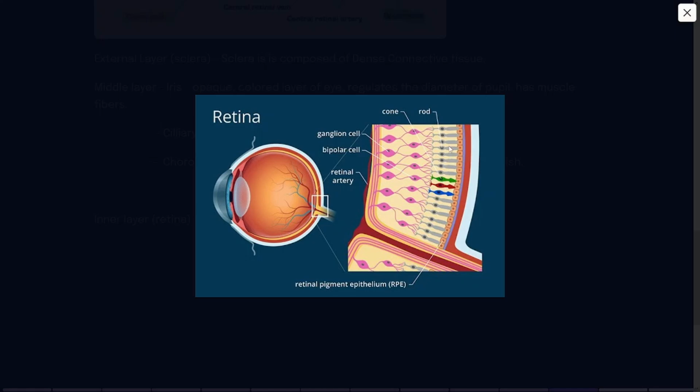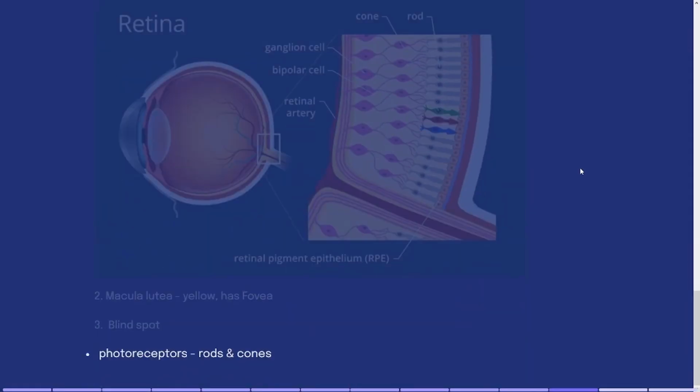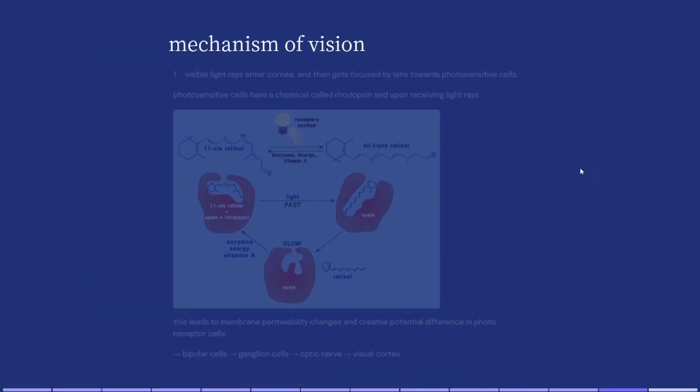Sensation of different colors is given by various combinations of these three primary colors. When these are equally stimulated, white color is perceived. The photopigments contain an aldehyde of vitamin A or retinol and a protein called opsin. How that functions we'll see in the next part, which is the mechanism of vision.